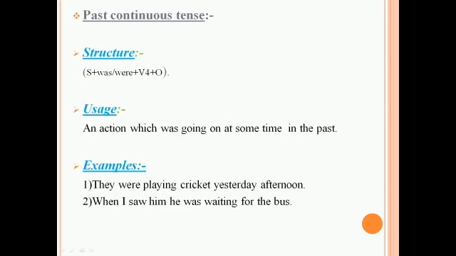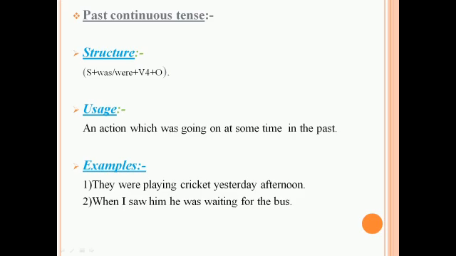Let us come to past continuous tense. In past continuous tense, we should use was or were plus V4 plus object. We use was when the subject is singular and we use were when the subject is plural. We use past continuous tense to express an action which was going on at some time in the past.